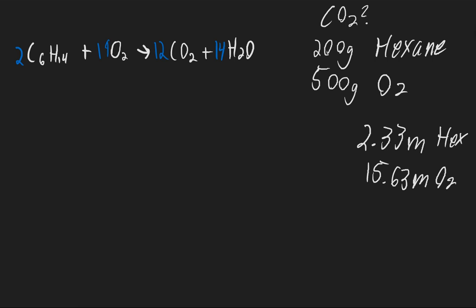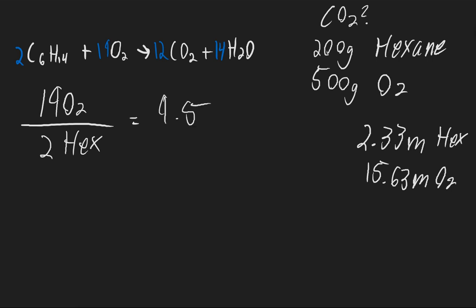So how we can figure out which one is our limiting reagent is to set up a ratio. 19 moles of molecular oxygen is needed to react with 2 moles of hexane. If we make that a fraction, that's about 9.5, so 9.5 moles of oxygen per mole of hexane.